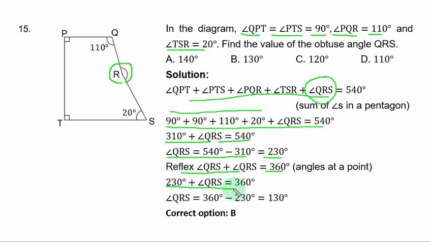If you collect like terms, you have the obtuse angle QRS is equal to 360 degrees minus 230 degrees, and that is 130 degrees. B is the correct option.